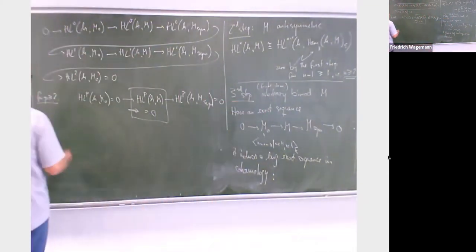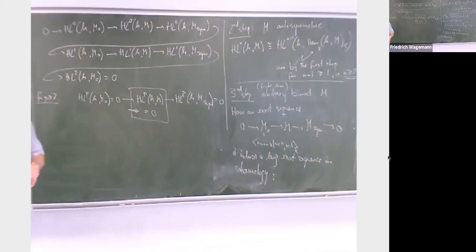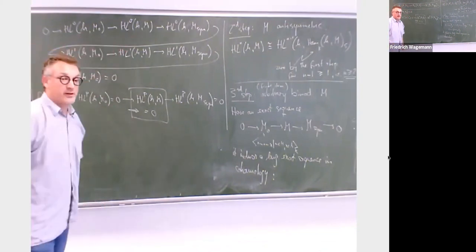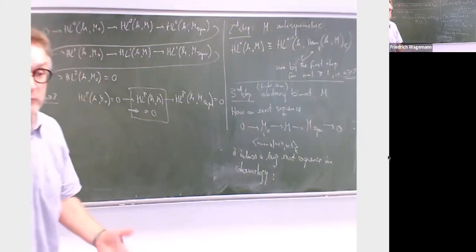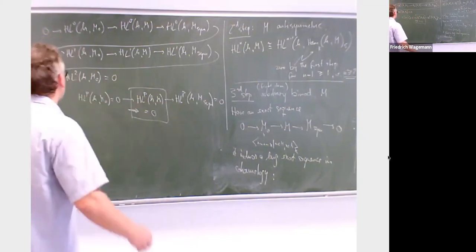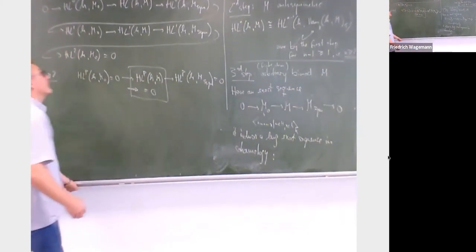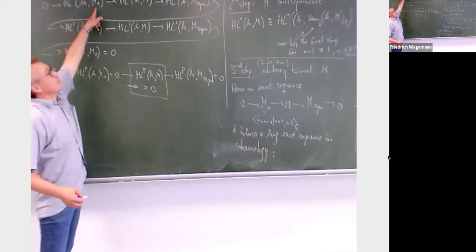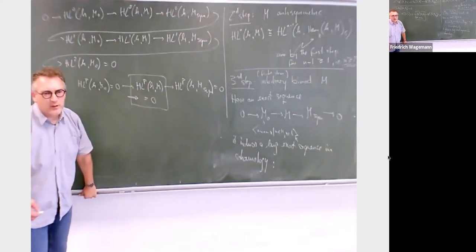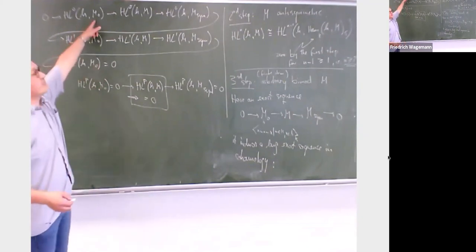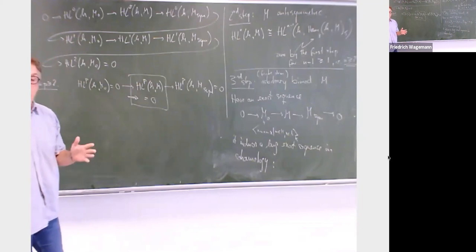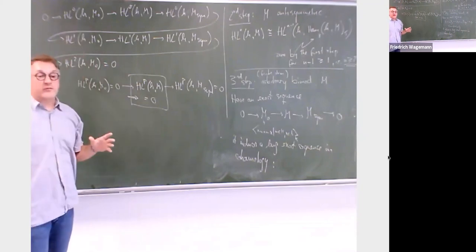And then let us evaluate the items in the long exact sequence. Then we will find this exact sequence of the statement. So M0 is an anti-symmetric bimodule, and we have seen that HL0 are the right invariants.